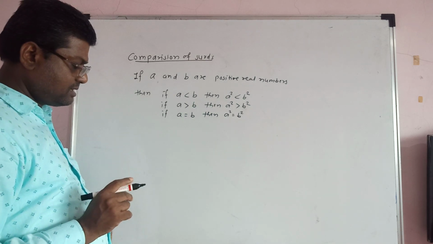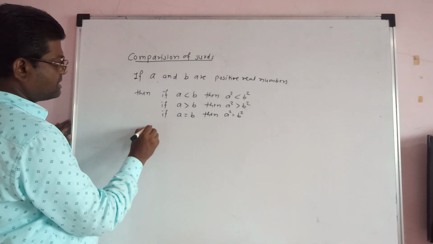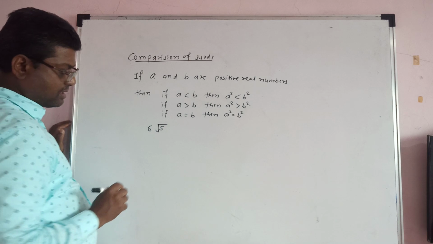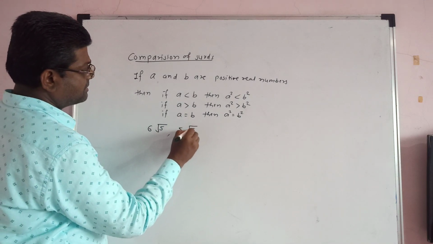Now let us see how surds can be compared. Now consider 6 root 5 and 5 root 5.